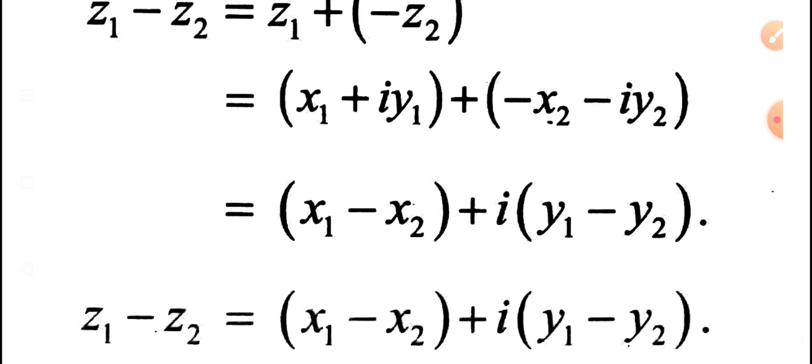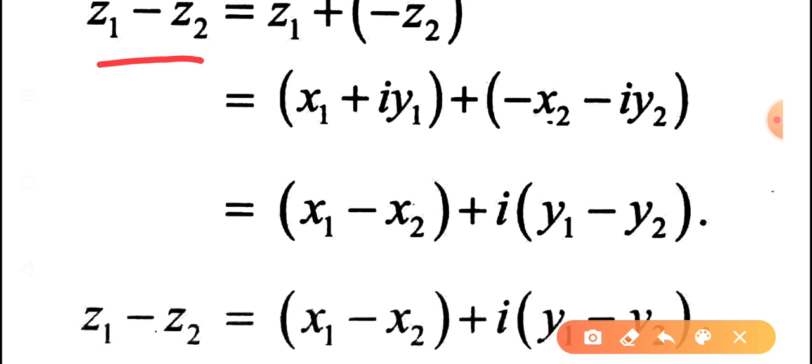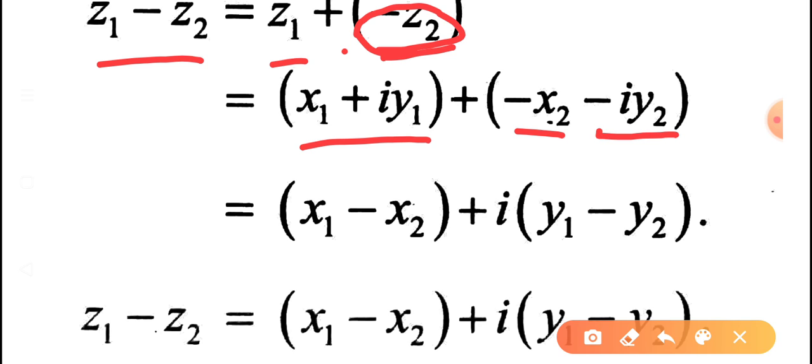Next, subtraction. z1 minus z2. Here z1 plus minus z2. Here z1 is x1 plus iy1. We multiply z2 by minus. So we multiply the real part by minus, that is minus x2, and the imaginary part by minus, so minus iy2.